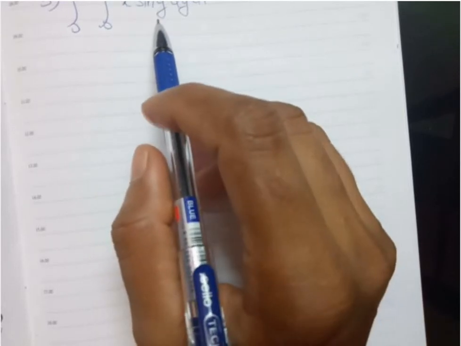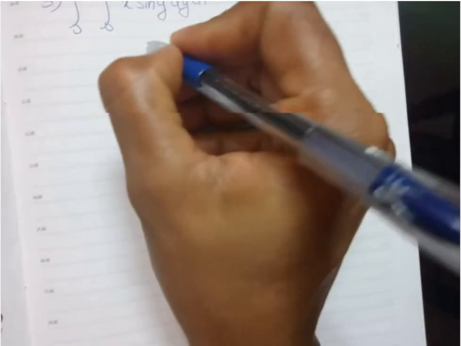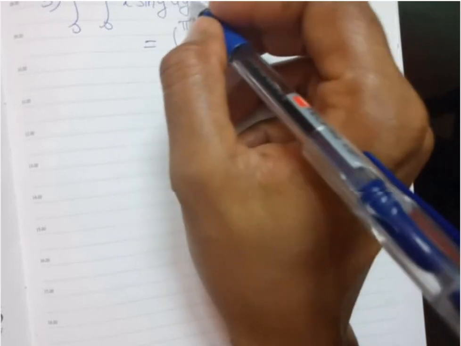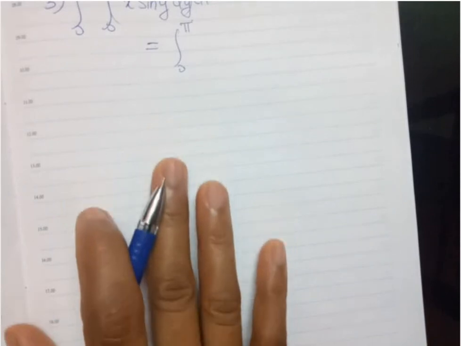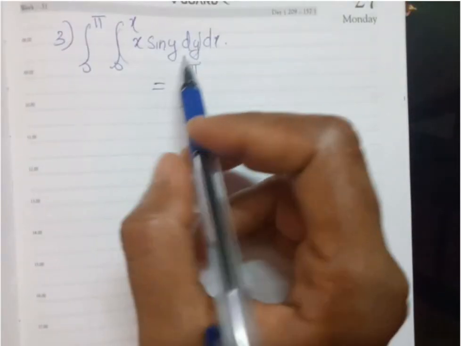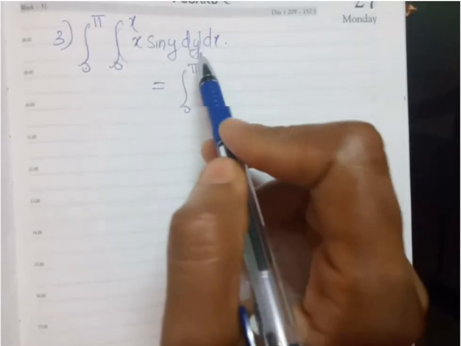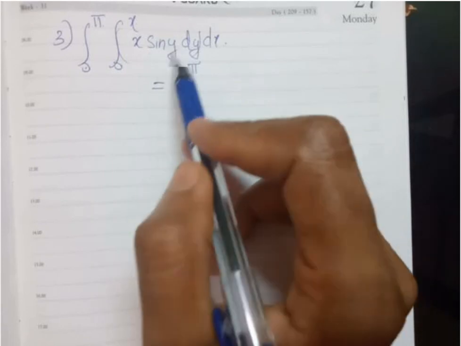This is equal to, as in the previous case, the integral from 0 to pi, 0 to x, of x sin y dy dx. We have to integrate with respect to y first, treating x as constant.